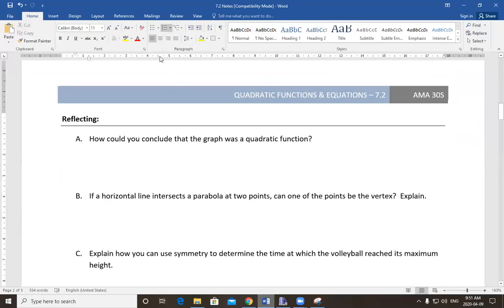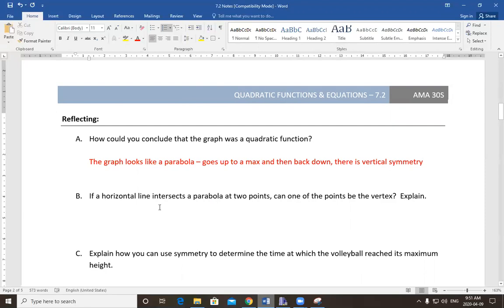So how can we conclude that the graph is quadratic? Okay. So the graph, well, it looks like a parabola. In this case, it goes up to a max and then back down. And there is symmetry. Sorry, vertical symmetry.